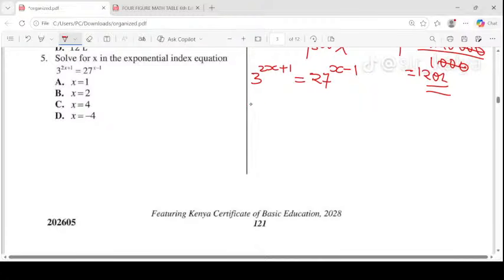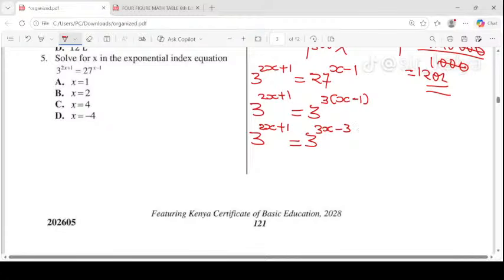Remember, 27 can be written as 3 power 3, so 3 power 3 into x minus 1. Then we can multiply those powers there. So we can have this as 3 power 2x plus 1 is equivalent to 3 power, and when you multiply the powers, this will now become 3x minus 3.